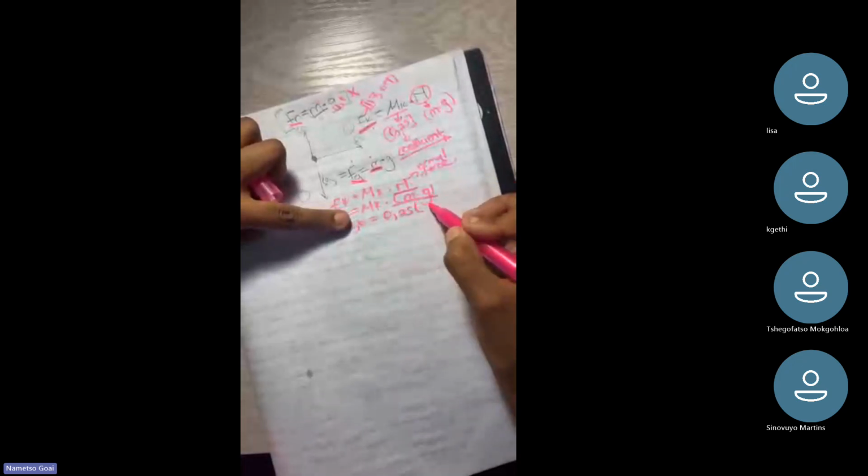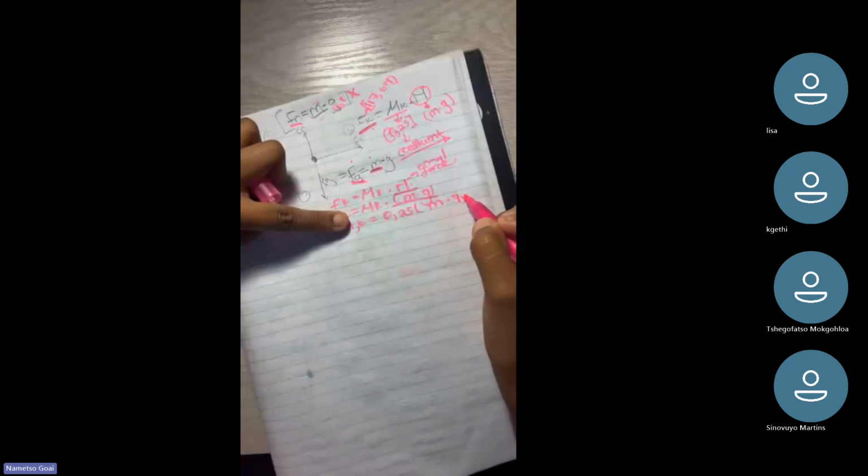So instead of writing N, we write m dot g. We have our Fk, which is 117,6, equals our mu k, which is 0,25, multiplied by m and gravity, which is 9,8.